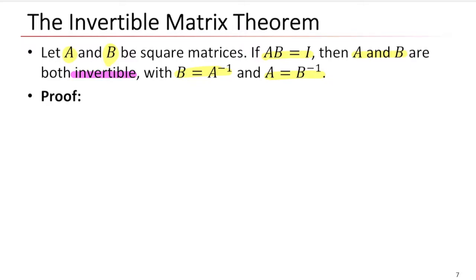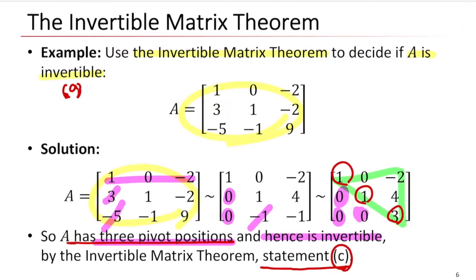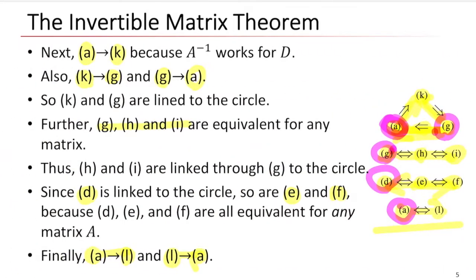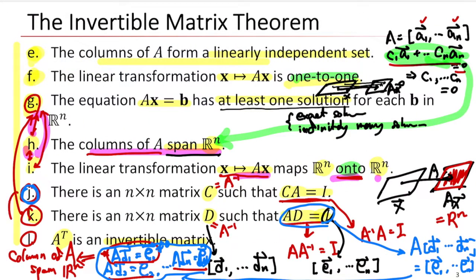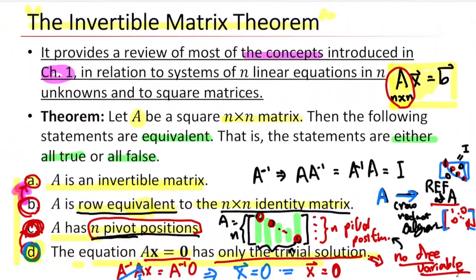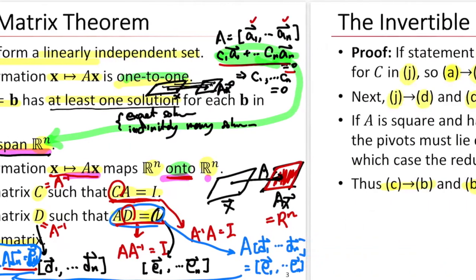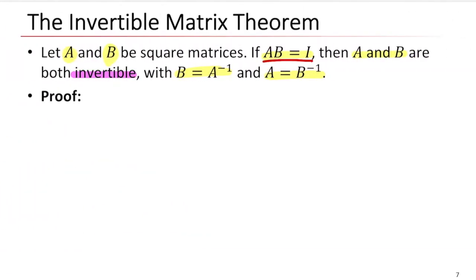So let's prove something like that. If AB equals I, then from the relationship between the statements J, K and I, we know that C and D are inverses of the matrix A, right?